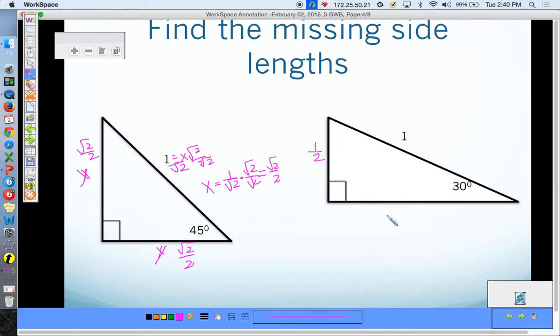So if x was 1/2, we have the square root of 3 over 2 times our x value of 1/2, which gives the square root of 3 over 4. And I think something's wrong here. What did I do wrong there?